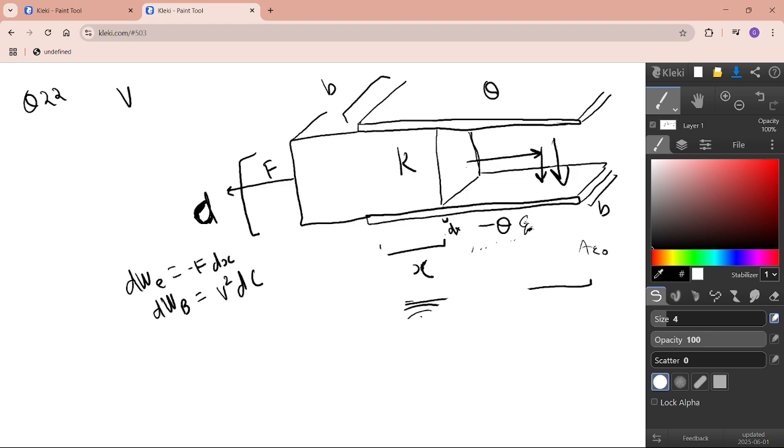See, work done by the battery here is different. Like when you say work done is equal to VDQ, what does that mean? Why is the work done VDQ?